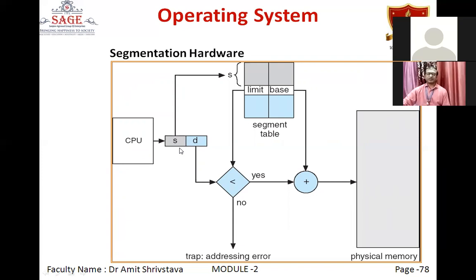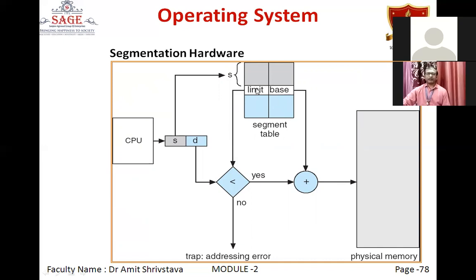Since each segment is of different length, we have to keep 2 fields in our segment table. One is the limit, that is the length of that particular segment, and then the base address of that segment. So this segment number is first of all searched in the segment table.